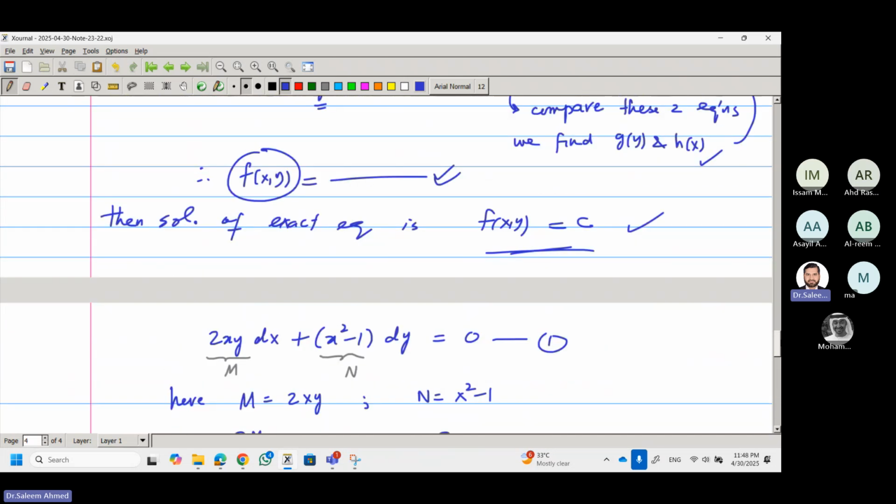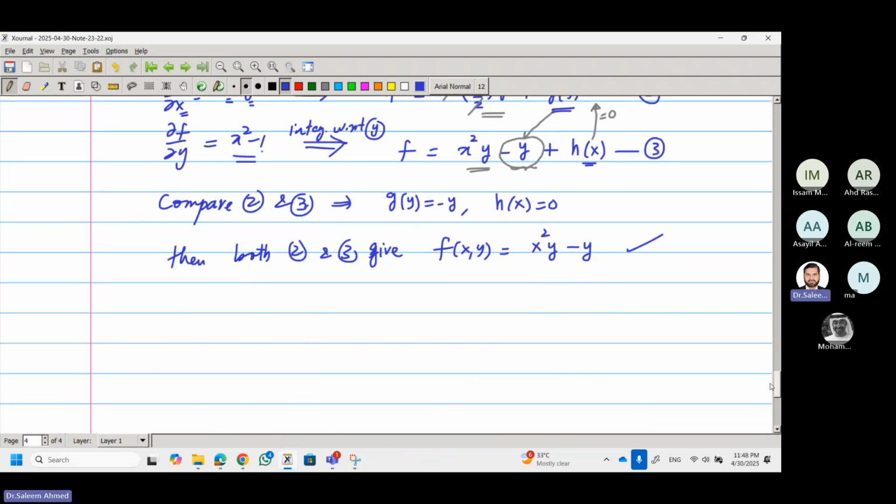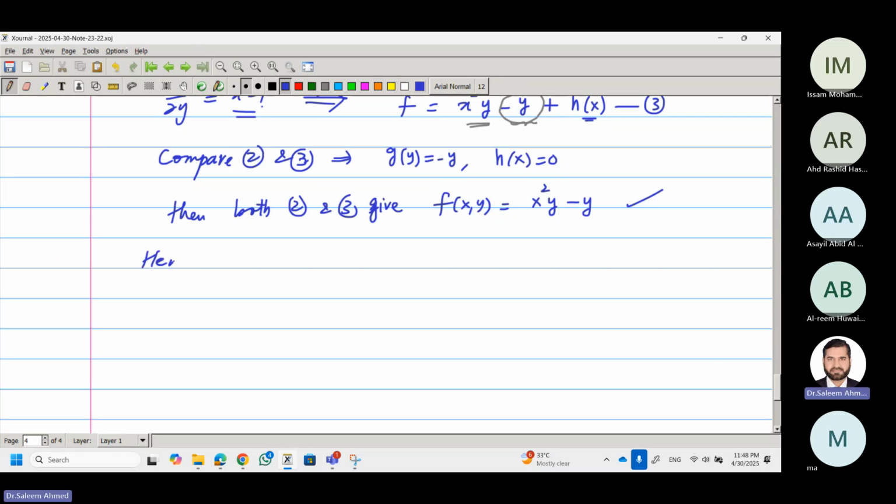Once we got the function, then function equal to constant is the solution. Hence the solution of equation 1, which is my given exact equation, is f(x,y) equal to constant. So what is my f(x,y)? It is x square y minus y equal to constant. So that is my solution.